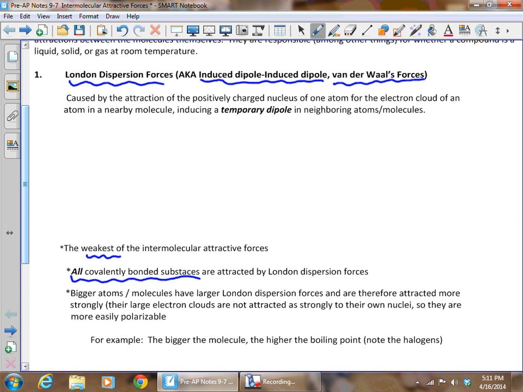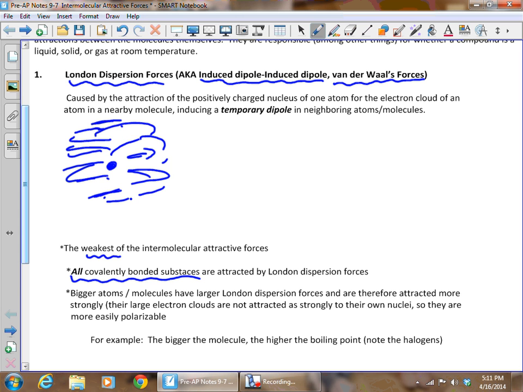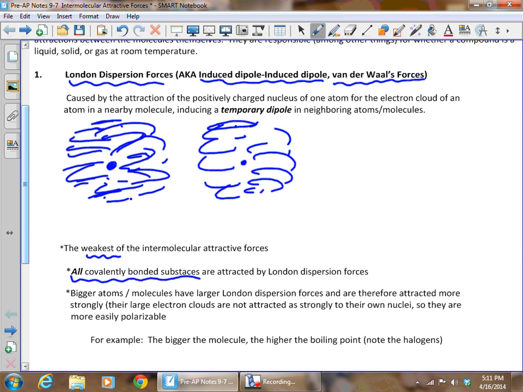Now, let's look at what's happening here. Let's say we have two atoms of xenon. Here's a nucleus, and then around that nucleus we have the electron cloud, and it's fairly spread out here. And then along comes another xenon, and it's got this kind of spherical, nice electron cloud around it.